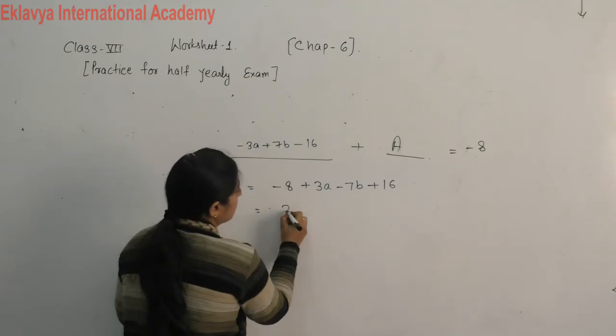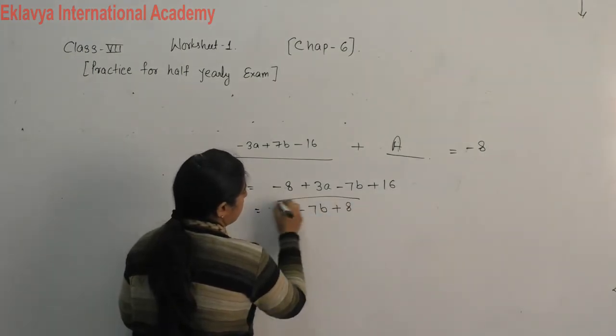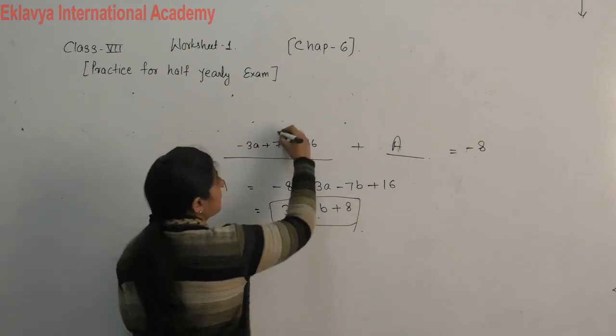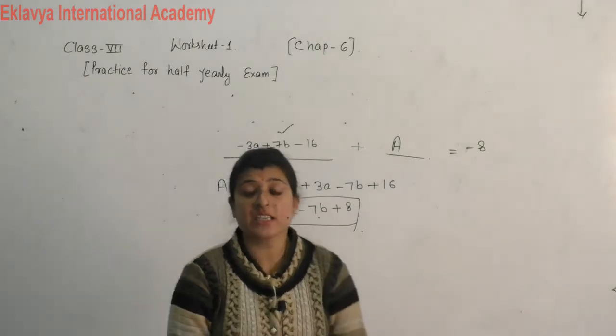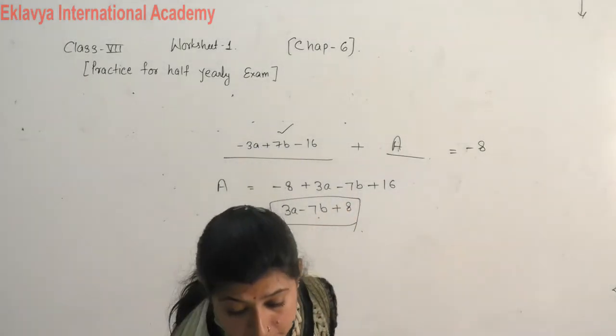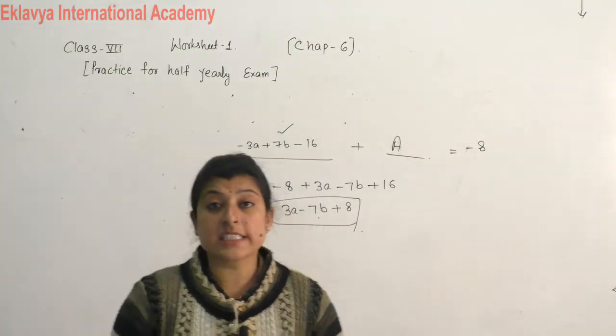Now solve it: 3a minus 7b plus 8. It means if we add this into the given expression, we will get the sum minus 8. Then see which option is correct? Your option C is correct.